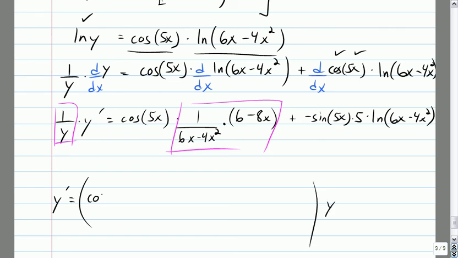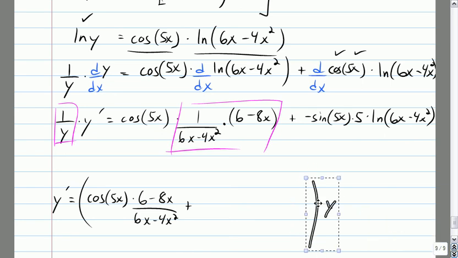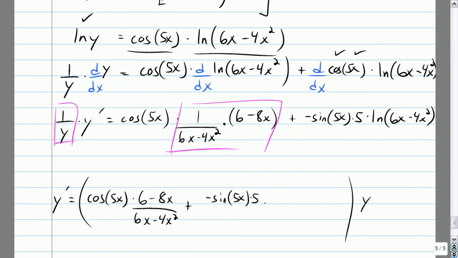So that's my cosine 5x times, let's see, 6 minus 8x over 6x minus 4x squared plus negative sine 5x times 5 times the natural log of 6x minus 4x squared.